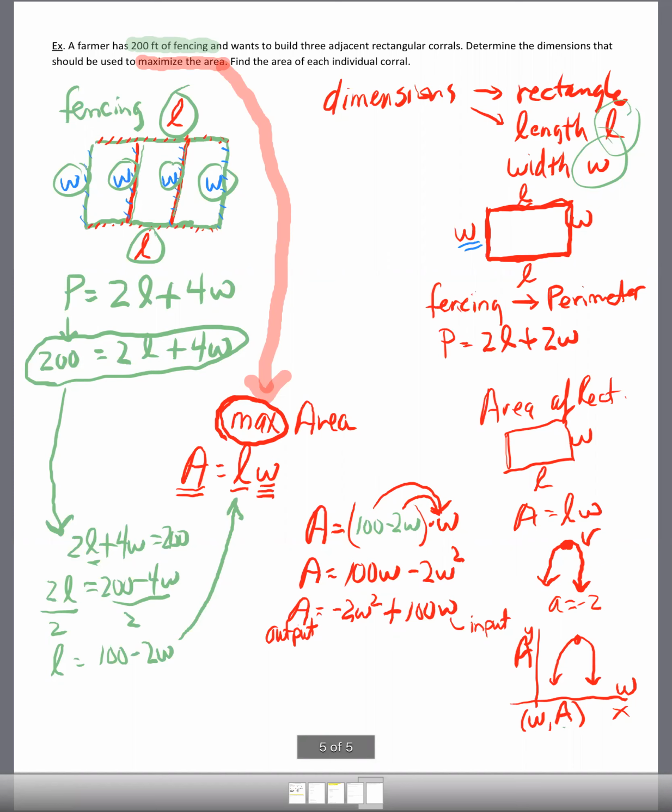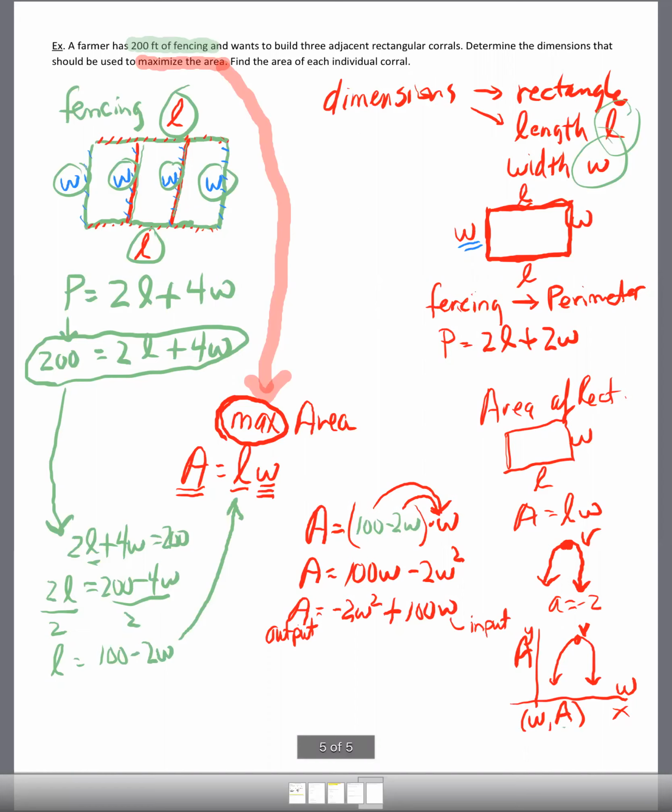This vertex is where everything is happening. This is where the maximum area will occur, and it'll tell me how wide I need to make my corrals. We know how to find the H and K of a vertex.